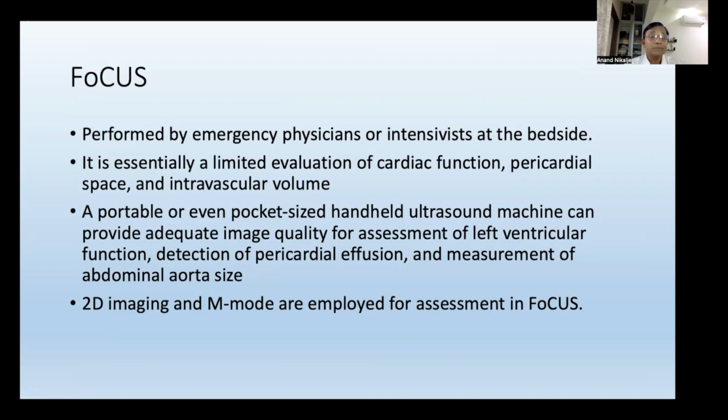Even portable or small pocket-size handheld ultrasound machines can provide good image quality for assessment of left ventricular function, detection of pericardial effusion, and measurement of abdominal aorta size. So even small portable machines are good enough for initial screening and the important information we want from a hypotensive patient. And 2D and M mode are employed in focused cardiac ultrasound.